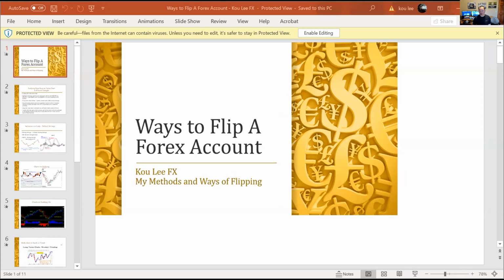Now, what I want to talk about is that you have to have the right mindset in flipping an account because there is high risk involved and it's really aggressive trading, with a high risk and reward. But people are looking at the high risk and the high reward, and they're forgetting that you could lose a lot more or blow the account.